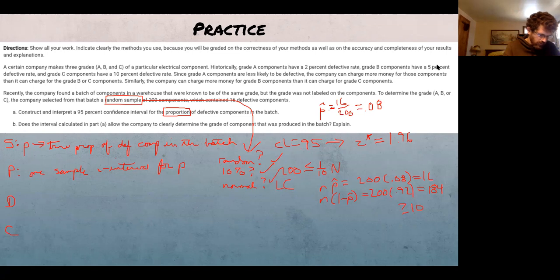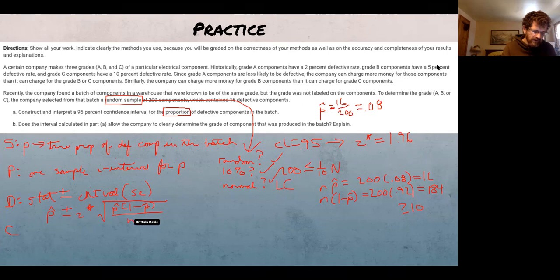Okay, now we're going to start with our standard or generic equation on this, which is the stat plus or minus the critical value times the standard error. I'll just put SE. So my stat is P hat plus or minus Z star times the square root of P hat times 1 minus P hat divided by N. And now I can just start plugging numbers in.